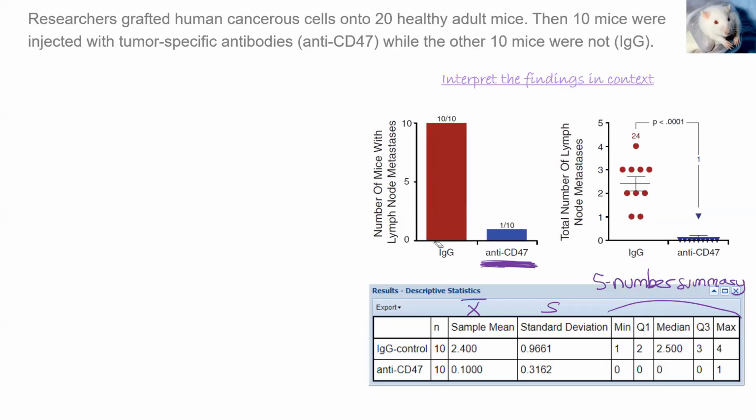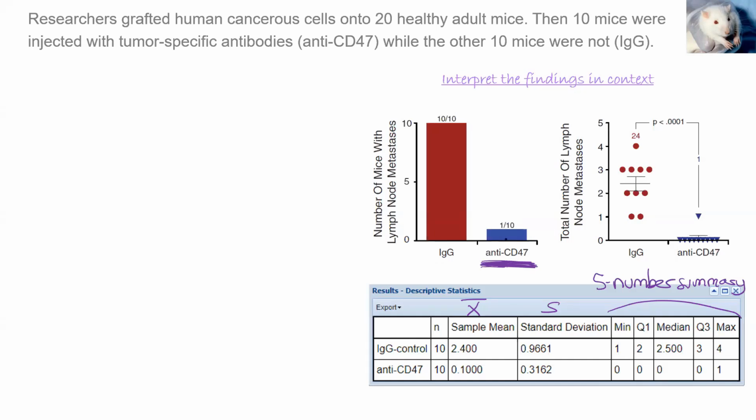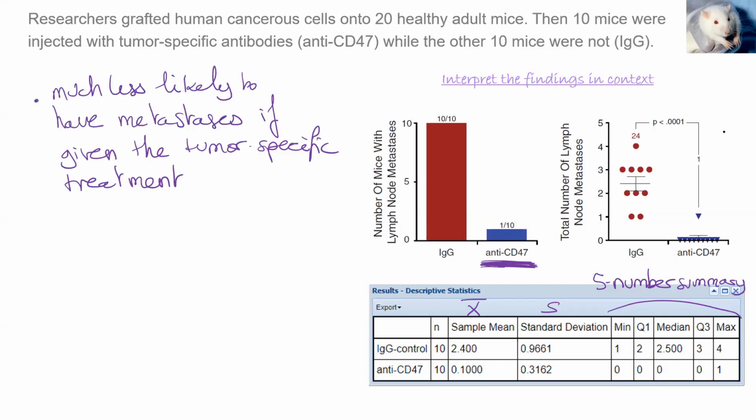In the control group, all of the mice had metastases, whereas only a tiny fraction, 10%, had metastases in the tumor-specific group. We can also see that the tumor-specific antibody group, the treatment group, had a much better outcome on average, with the mice in that group having only an average of 0.1 metastases per mouse, compared with 2.4 metastases per mouse for the control group.